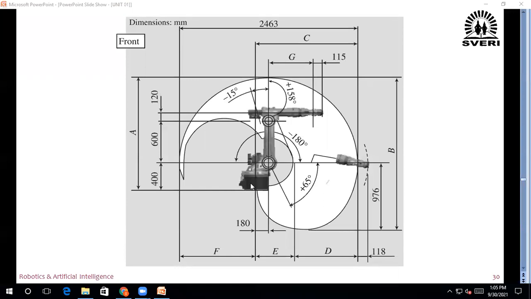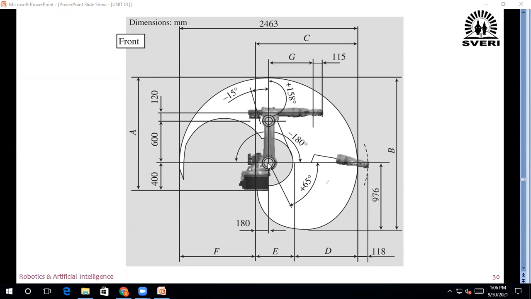Therefore, from the floor, from the base to this pivot point, the distance is 400 mm. From this pivot point to the next pivot point, the vertical distance is 600 mm. And from this pivot point to the center of the arm, the distance is 120 mm. Now this white color you may be observing shows its work envelope. That is this robot arm.